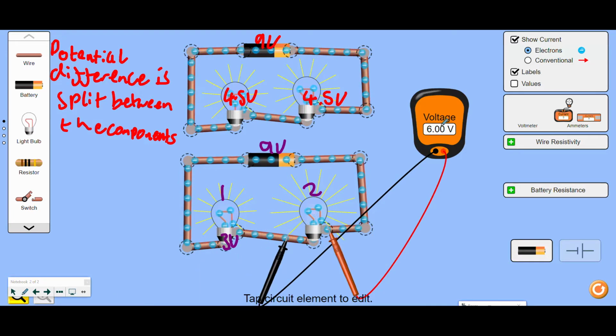Because they're not equal, because they're different bulbs, we don't just divide by 2, it gets split up a different way. So it is still split between the components, it's just not split equally this time.